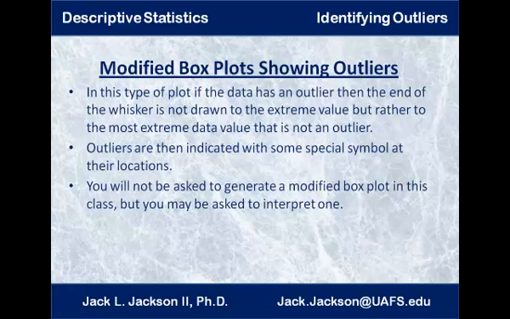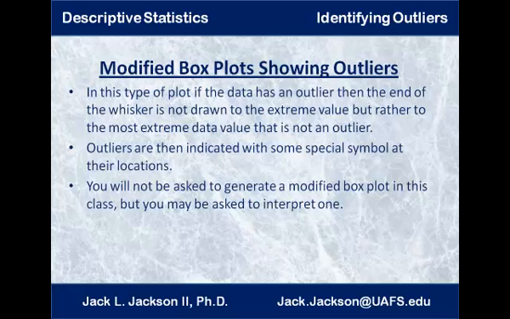Sometimes when you have a box plot, you will do a modified box plot. By using the criteria that we just talked about, if a data value is considered an outlier, then instead of drawing the end of the whisker all the way to the minimum and the maximum, you draw the end of the whiskers to the most extreme values that are not outliers.